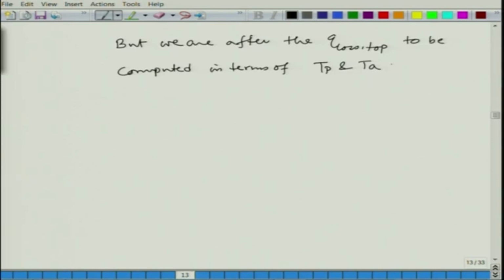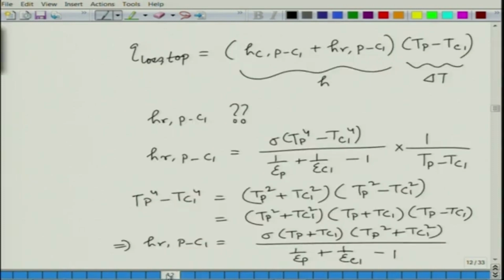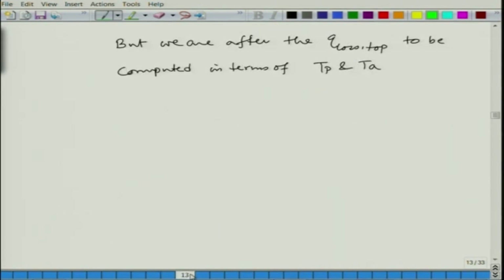Now, in the earlier expression what we see here is that we have a dependence on this T_c1, that is difficult, right. So, we have to make the dependence on the ambient temperature only. For that we require R3, R2 and R1, all of them to be computed.